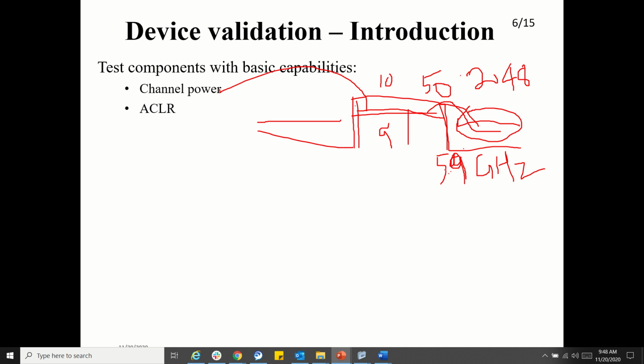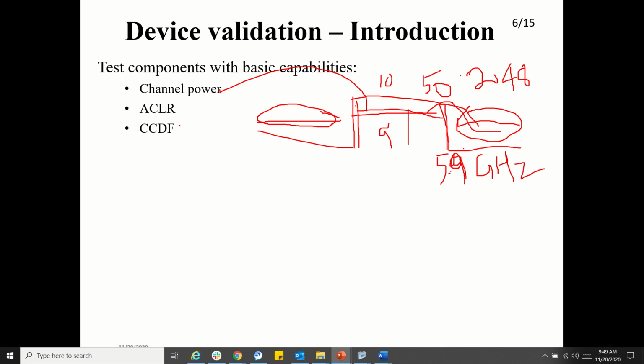So when two technologies are working very closely, when the guard band, bandwidth and spectrum are very limited, if you are leaking into the other channel, it will affect the other vendor, other application, or other network as well.